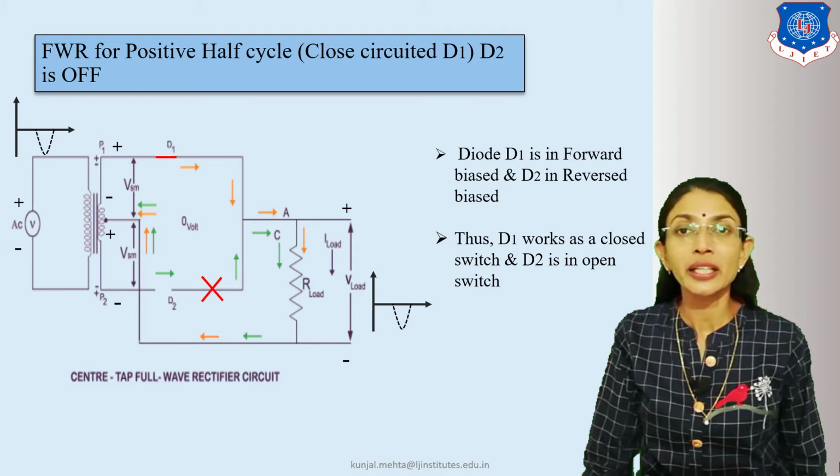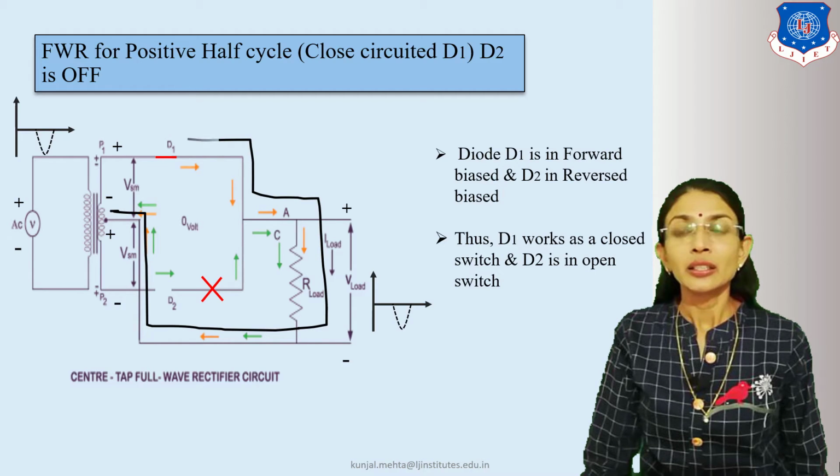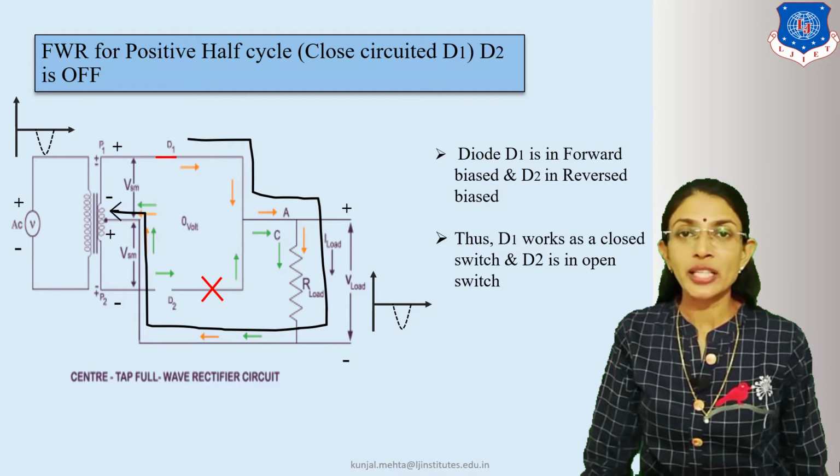So what is the direction of current? That is important. So let's draw the current flow during the positive half cycle of the input: from P1, D1, RL to the center tap of the transformer, O. Assume the center tapping is C or O. So what is the current path?